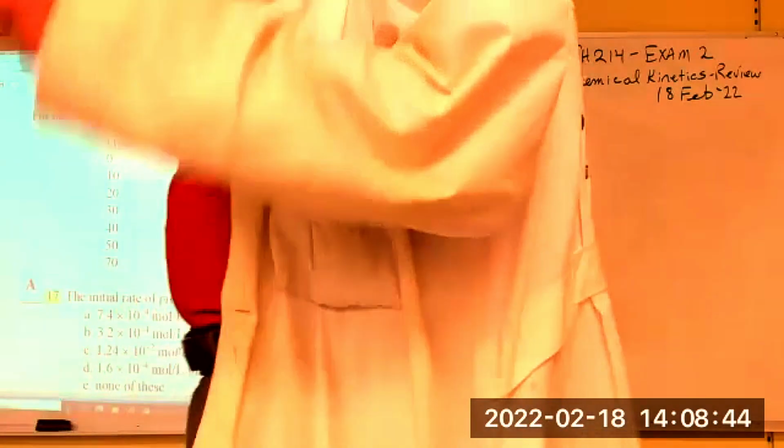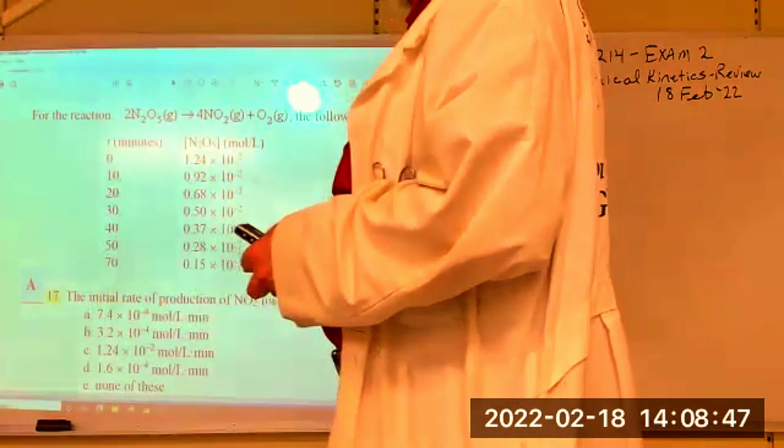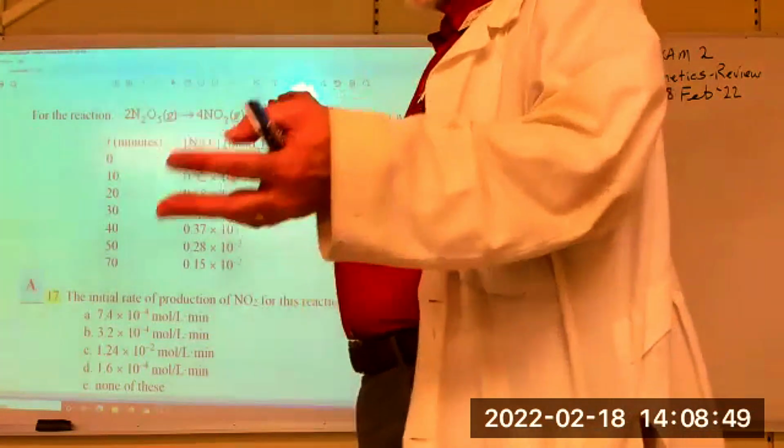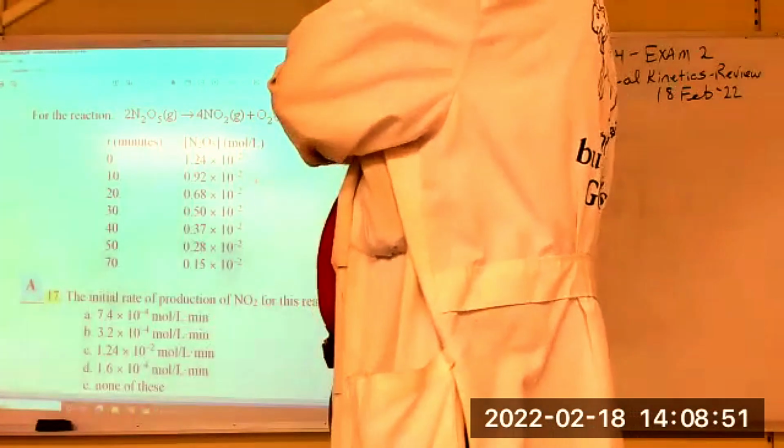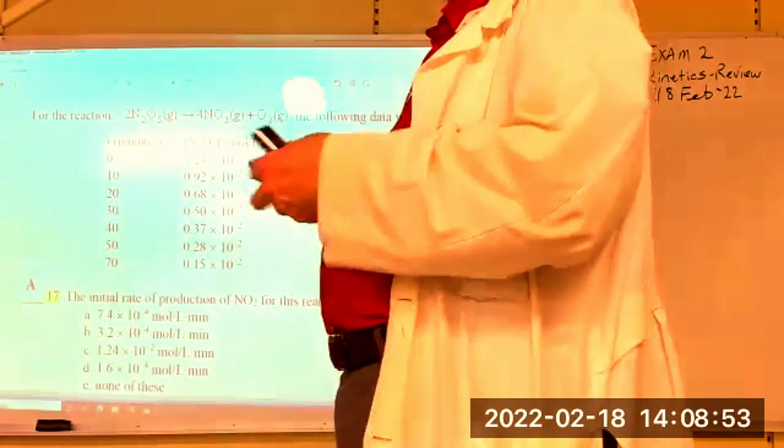If this type of problem is for homework, a review document, this is fine because you've got resources where you can actually determine whether it's 0, first or second order and go from there.